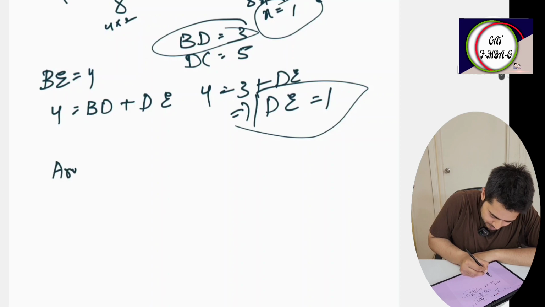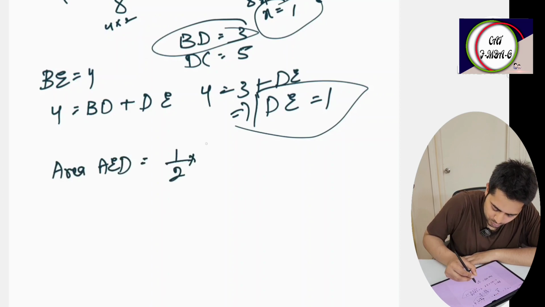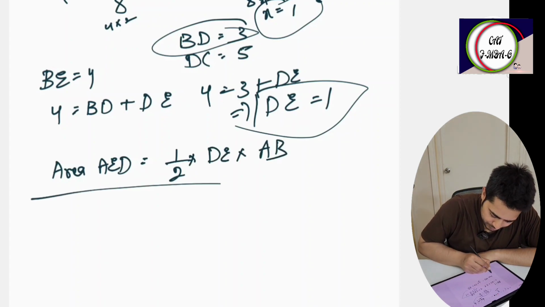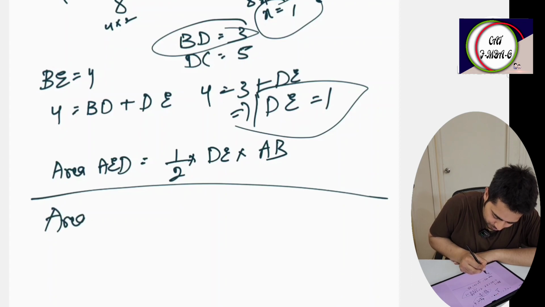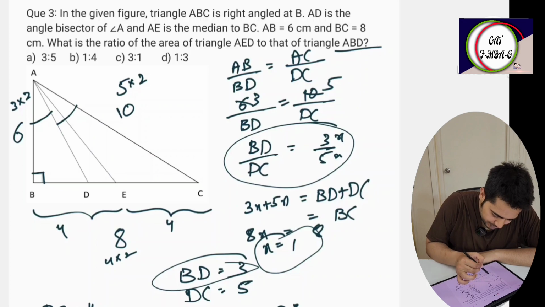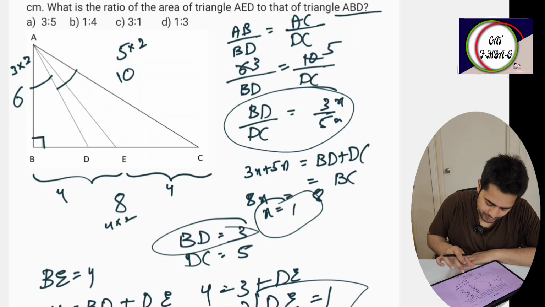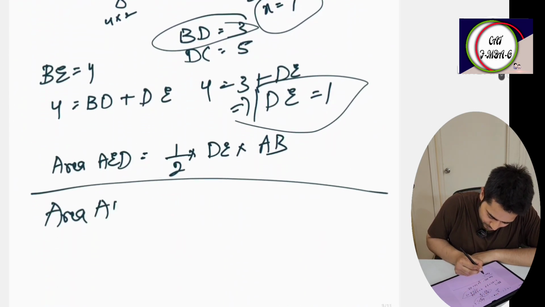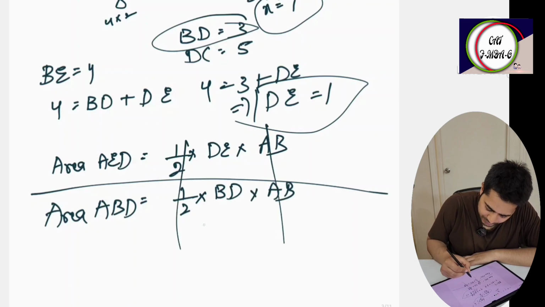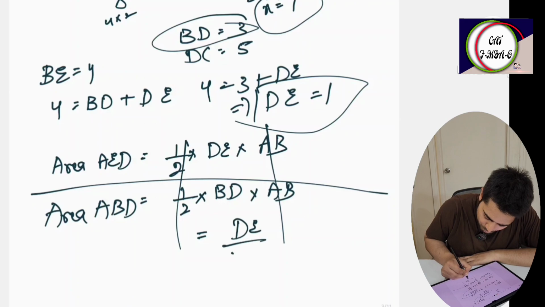So area of AED is equal to half into base DE, height AB, divided by the area of triangle ABD. For ABD, height is AB and base is BD. So area of ABD is equal to half into base BD, height AB. So half gets cancelled, AB cancels. So this is DE upon BD.